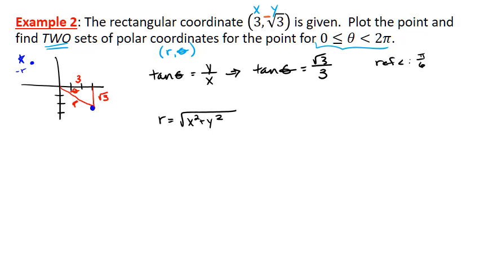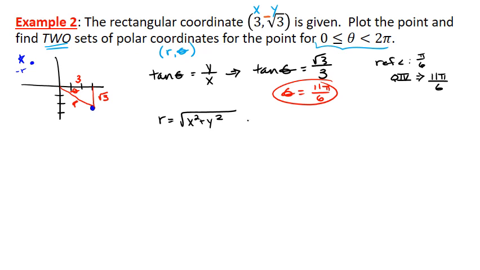Well, we are in the fourth quadrant, and I know that in the fourth quadrant, the angle that's a multiple of pi over 6 is 11 pi over 6. So that means that theta is 11 pi over 6. Okay, now we can also find r by applying this formula.